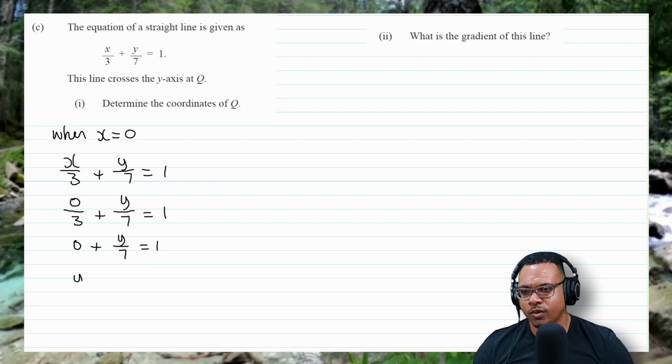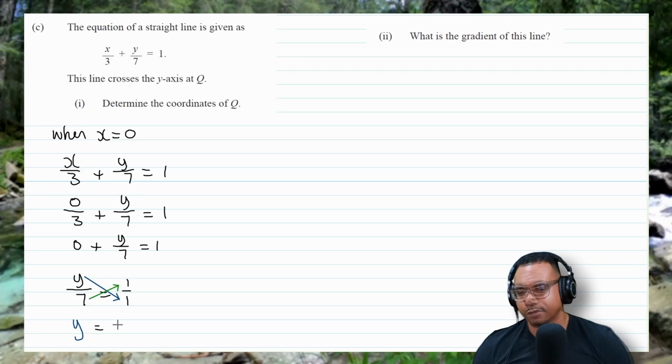So that's just y over 7 is equal to 1. And I'll put that over 1. If you were to cross multiply, y times 1 will give you y. So I'll have y is equal to, and 7 times 1 is 7. So y is equal to 7.